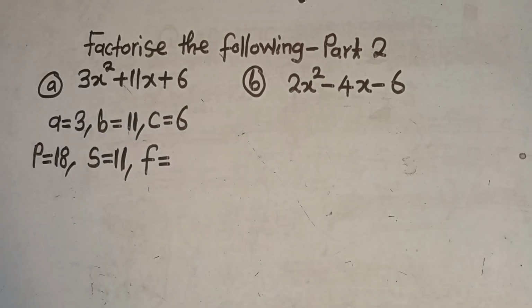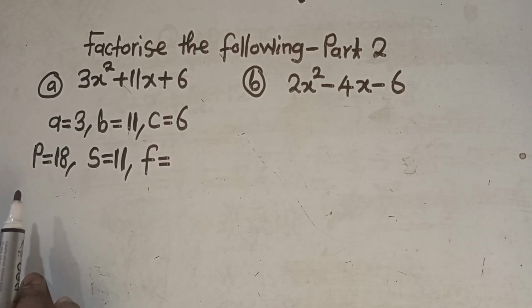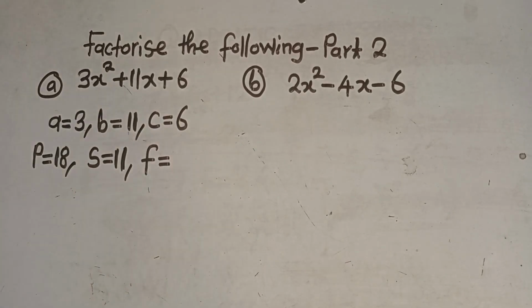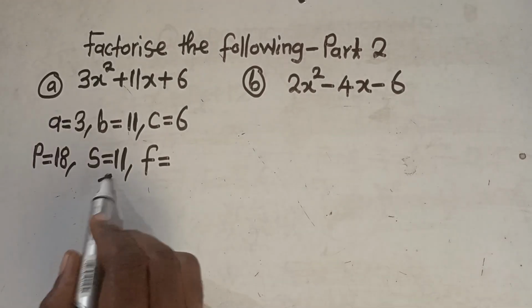You look for the factors. I've already told you that these are two numbers that you can multiply to get 18. Even as you are picking those numbers, you need to keep the sum in mind.